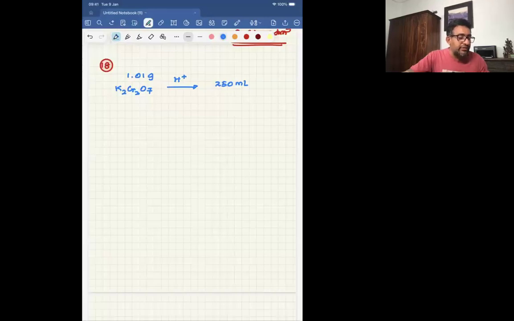A 25 milliliter aliquot of the solution was pipetted out. So 25 milliliters of this solution is taken into a conical flask. Excess potassium iodide solution and starch indicator was added. So you add KI here in excess, and starch is also added.